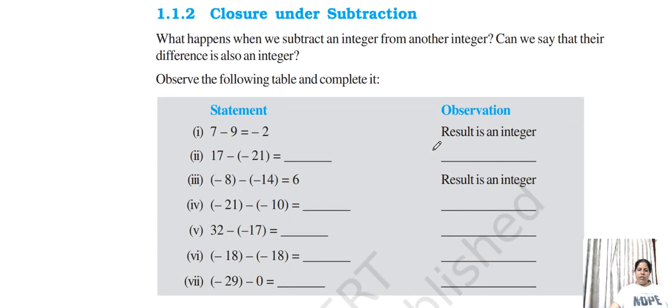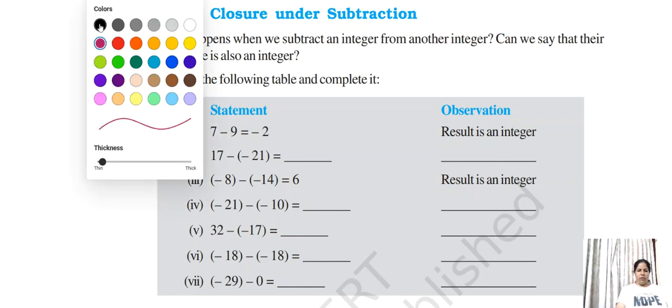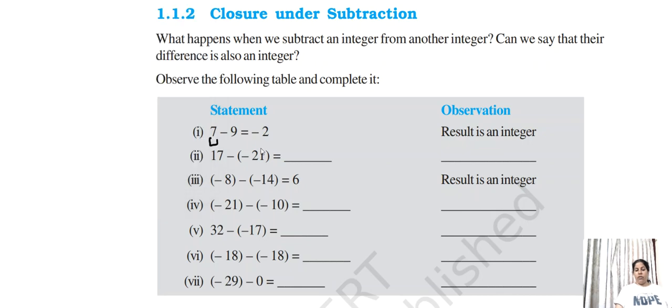Now we will check this closure property for subtraction. So here we can see one integer you have 7, another integer you have 9, and when you are subtracting, we will use that minus sign.